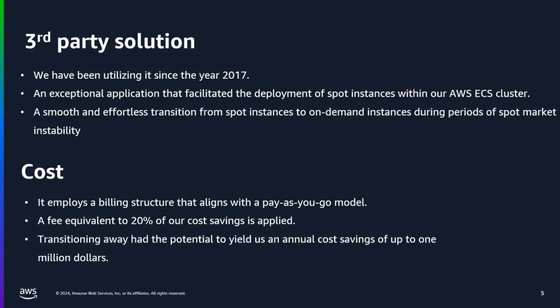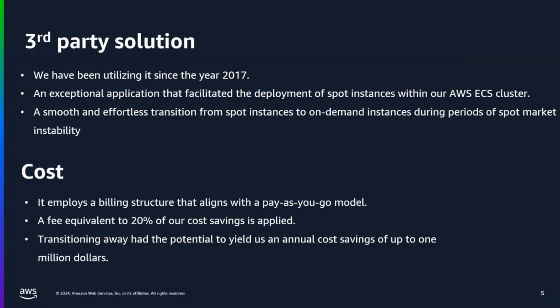The job is they integrated with ECS, and then they facilitate providing the Spot infrastructure for the customer from the AWS cloud. The primary feature is how to seamlessly move between Spot and on-demand.